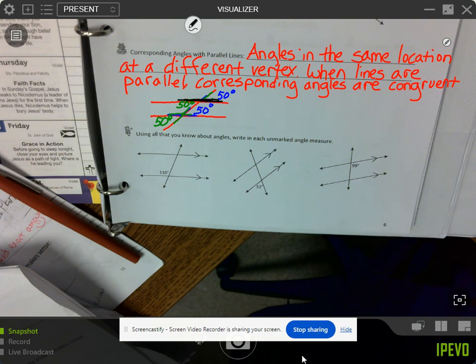How many degrees is a straight line, Cam? It is 180. And if one side of that straight line is 50 degrees, what does my missing angle have to be? 180. No. Altogether, it has to be 180. I have 50 degrees already. What's 180 take away that 50 degree angle? 130 is what is left.